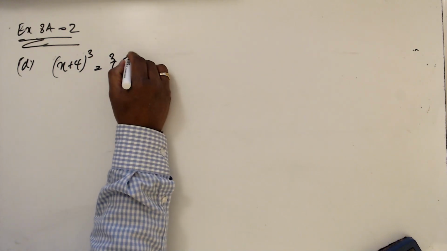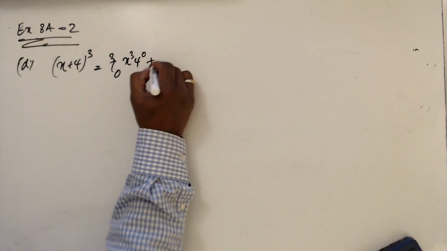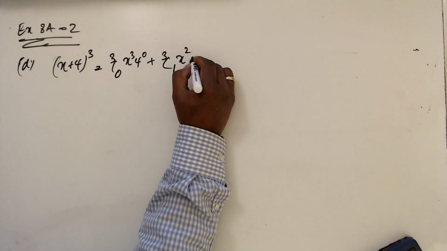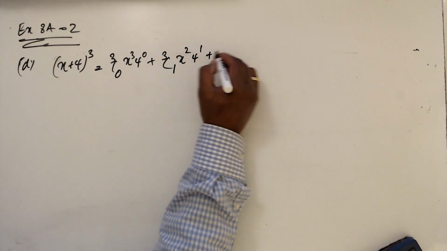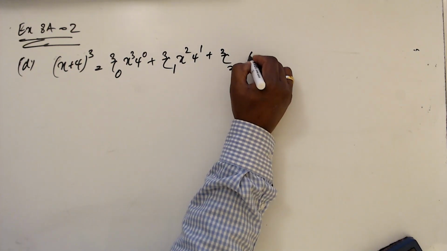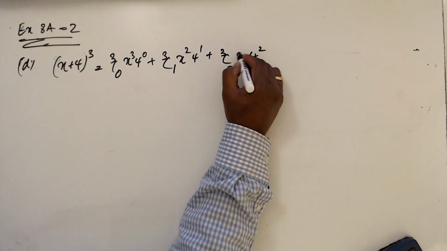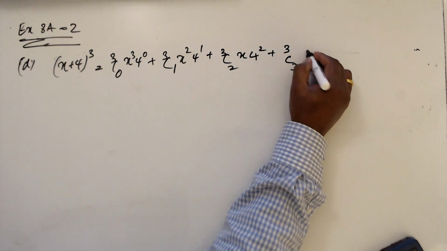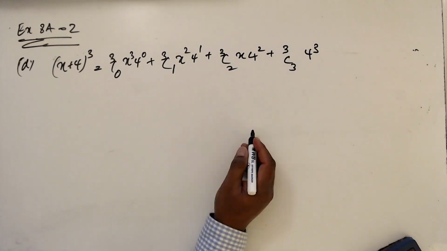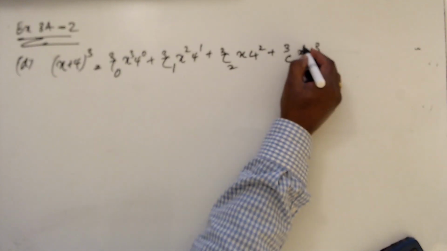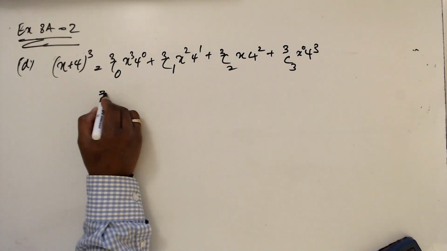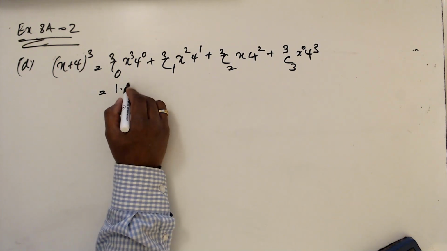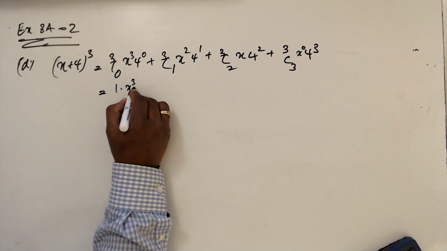3C0 x cubed 4 to the 0, 3C1 x squared 4 to the 1, 3C2 4 squared x and 3C3 4 cubed, and x to the 0. Now we know from earlier this is going to be 1 x cubed times 1.